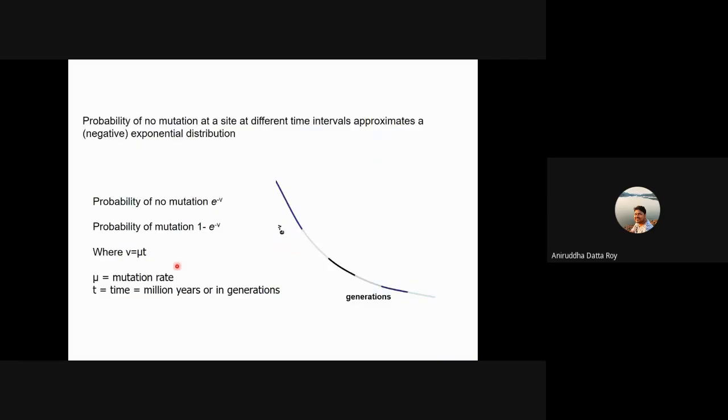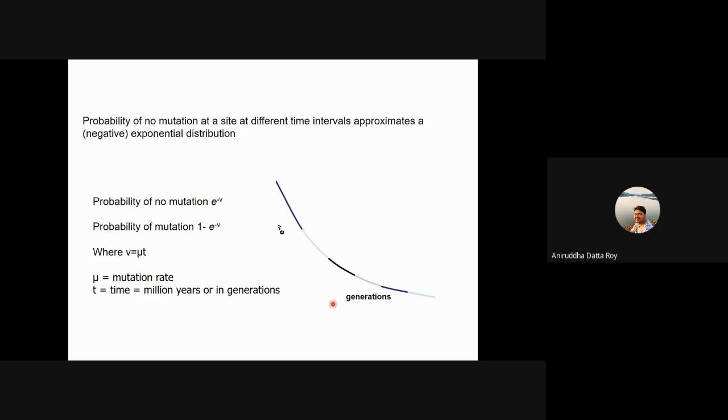There are a few more terminologies that we need to learn. One is the probability of no mutation, which is given by e to the power of minus v. And the probability of mutation is 1 minus e to the power of minus v, where v is basically your mutation rate times time. If you think about it, your probability of no mutation will decrease as time increases.